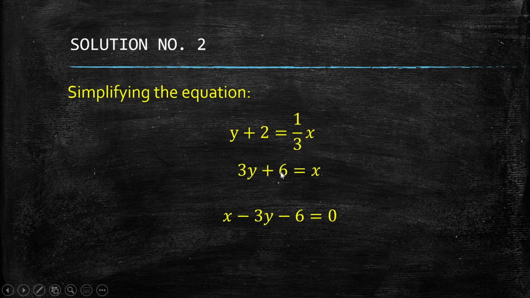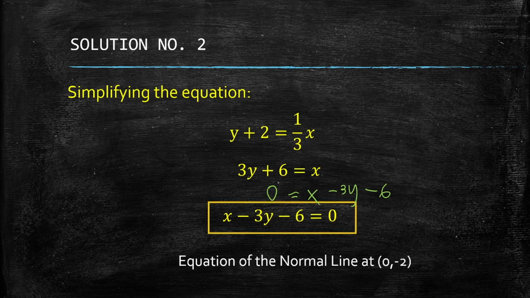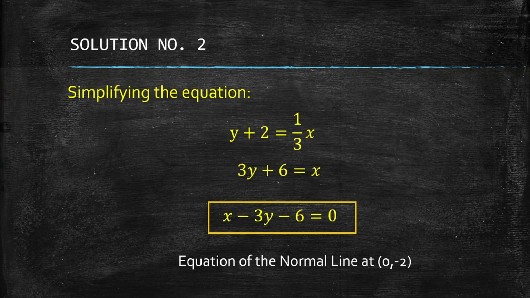So I transferred it to the right side, so we have negative 6 and negative 3y. Then I use the symmetric property. There's actually a missing line here. So we have 0 equals x minus 3y minus 6. Then using the symmetric property of equality, we have now x minus 3y minus 6 equals 0. And this is the equation of the normal line.